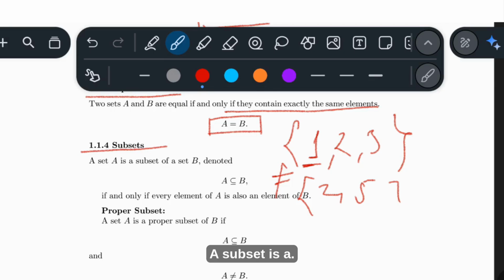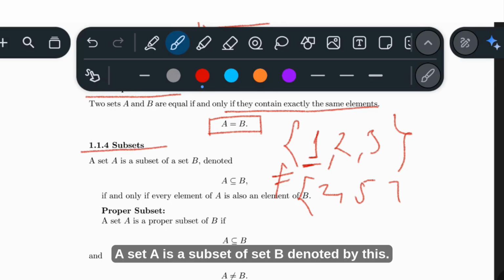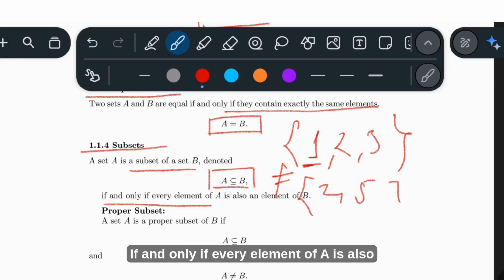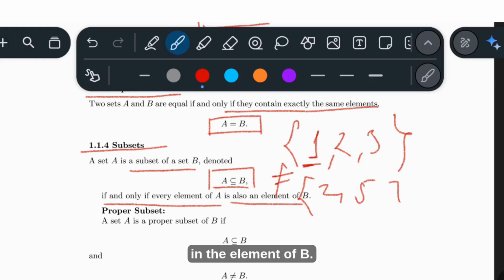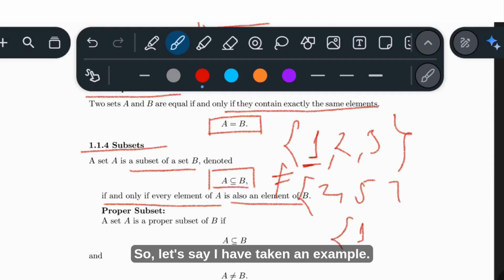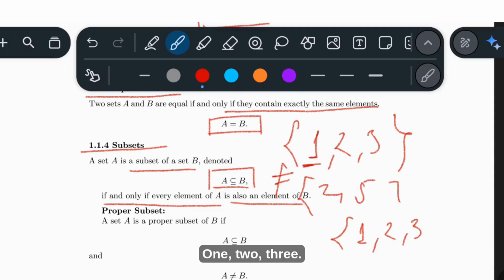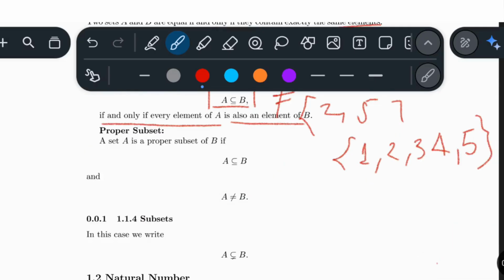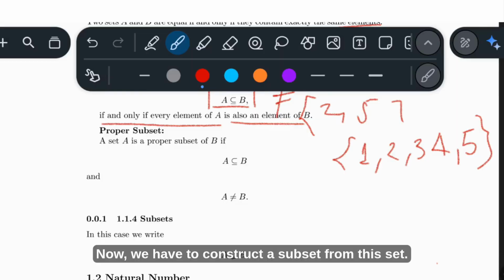A subset: a set A is a subset of set B, denoted by this, if and only if every element of A is also an element of B. Let's take an example, {1, 2, 3}. Now we have to construct a subset from this set.